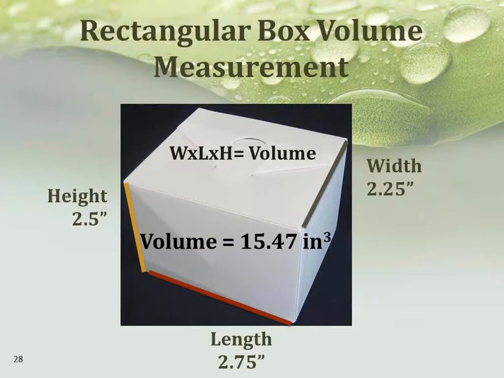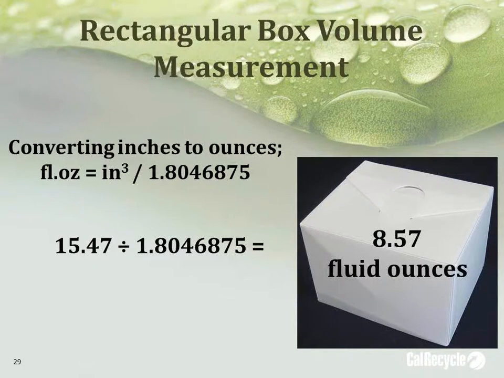Now all you need to do is convert 15.47 cubic inches into ounces. Here's the formula for converting inches to ounces. 15.47 cubic inches divided by 1.8046875 equals 8.57 fluid ounces. Therefore, this container would meet the volume requirements of an RPPC.